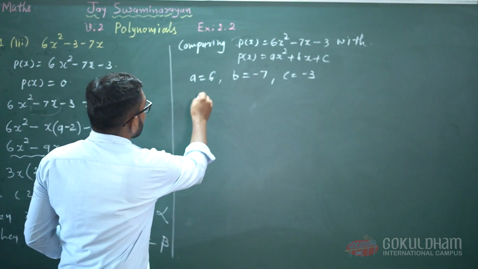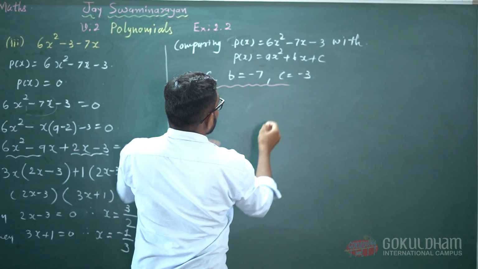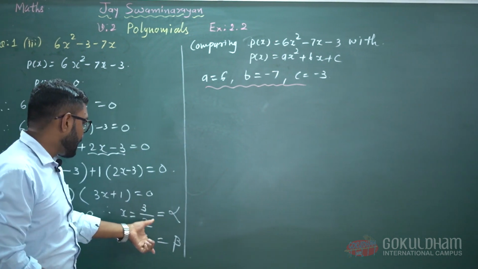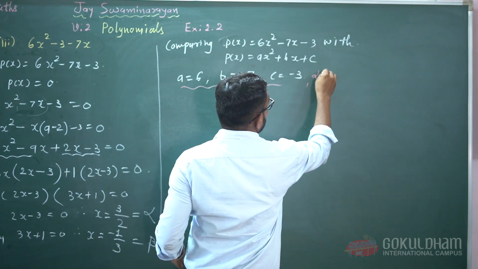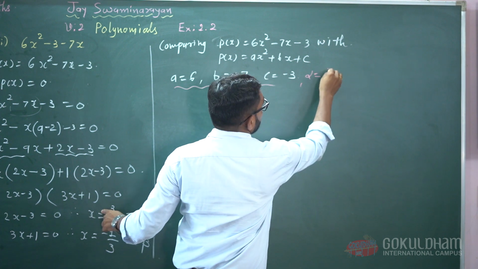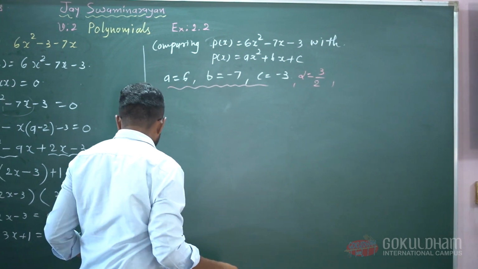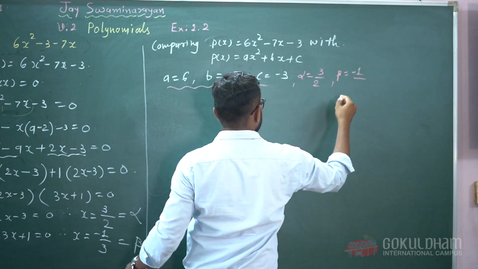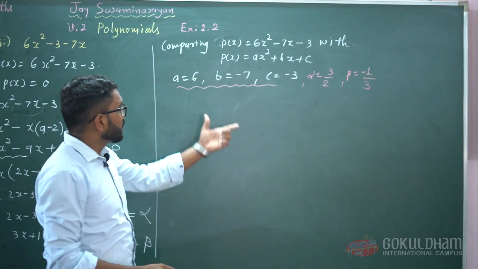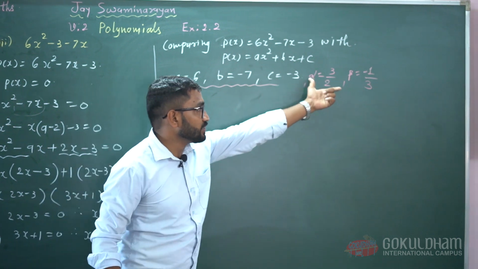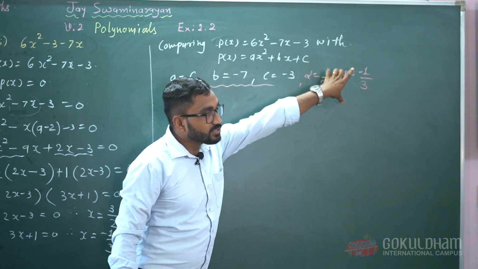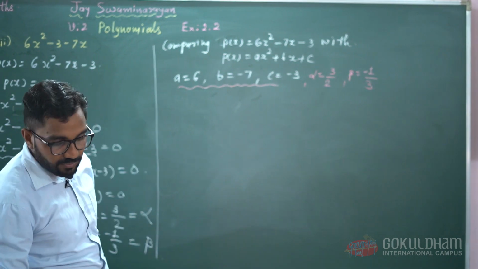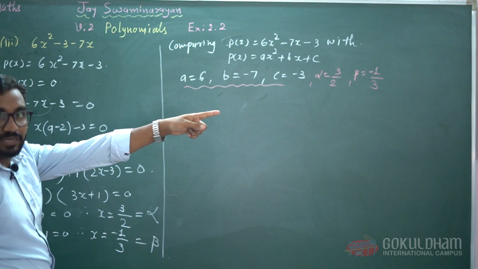So we get these values from this equation, and our other values are alpha equal to 3 by 2 and beta equal to minus 1 by 3. So here coefficients are available, zeros are also available, then we find the relation between coefficients and zeros.